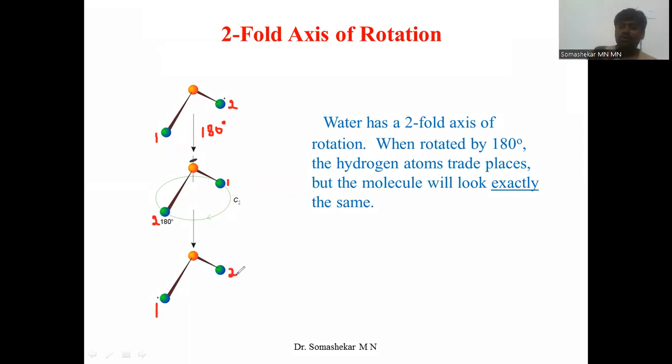Now look at the first and the last molecule, first one and last one. They are identical molecules, right? Identical, the same. You will not find any change in them.